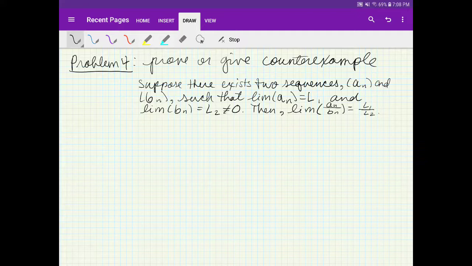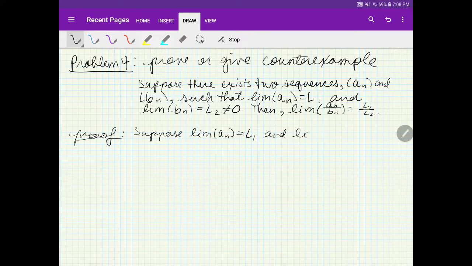So, we're going to start this one. Proof. So suppose that the limit of a sub n equals L1 and the limit of b sub n equals L2, which is not equal to 0.